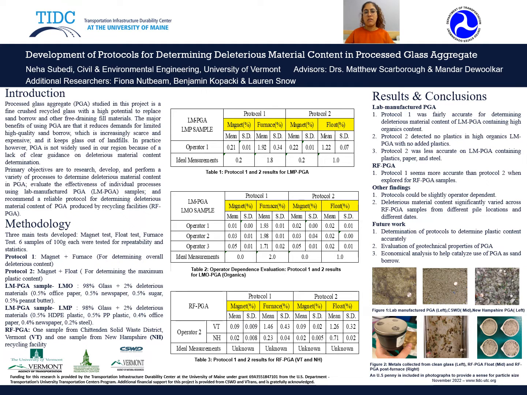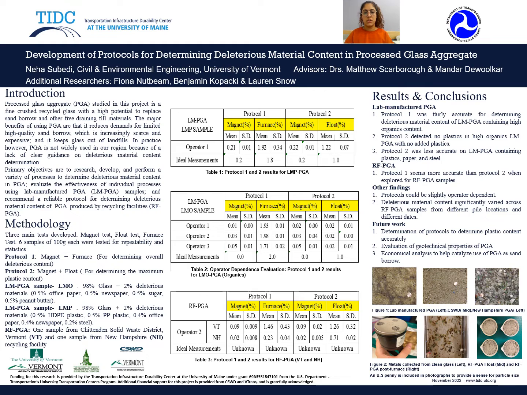Now, despite having such a great potential, PGAs are still not widely in use. And one of the major reasons behind that is the lack of clear information on the deleterious material contents that are present in PGA.